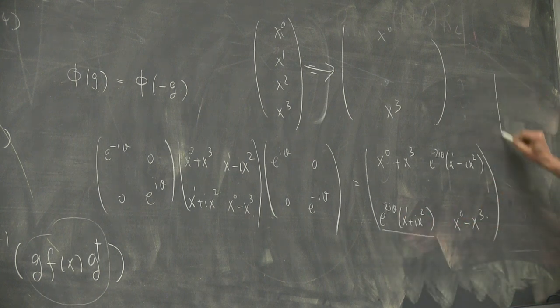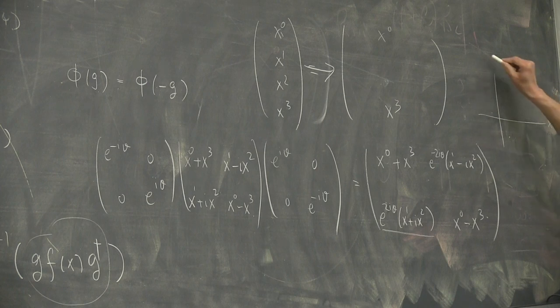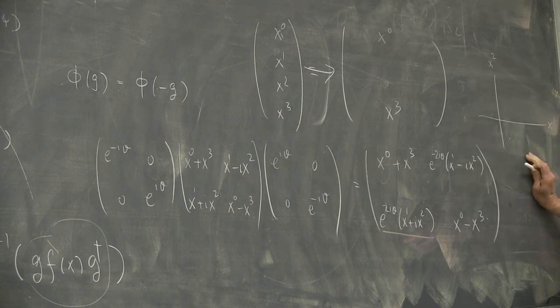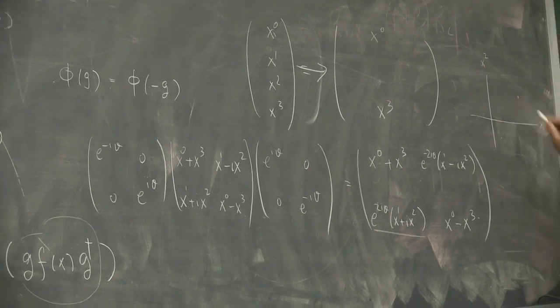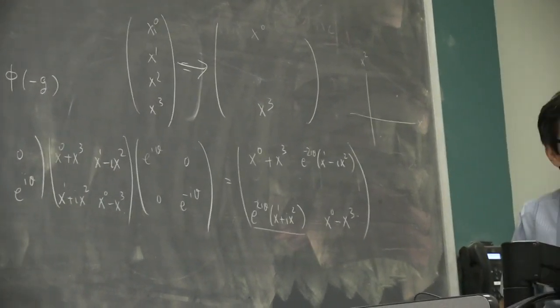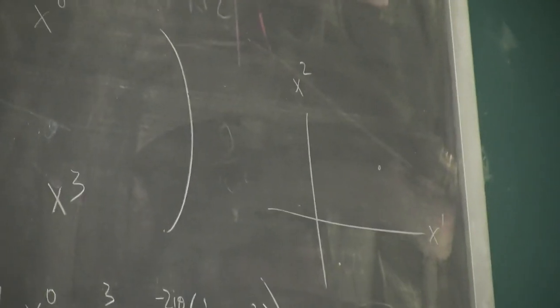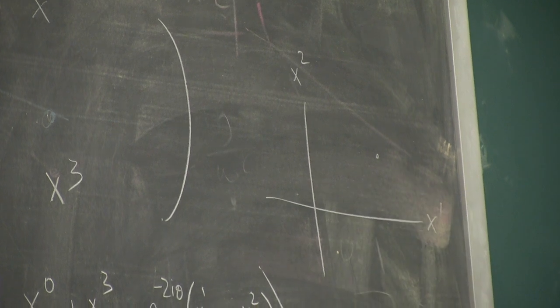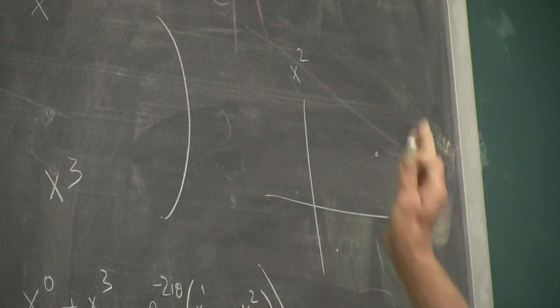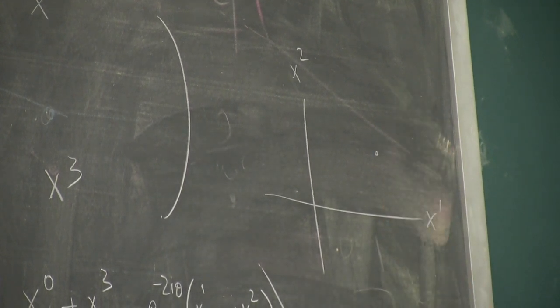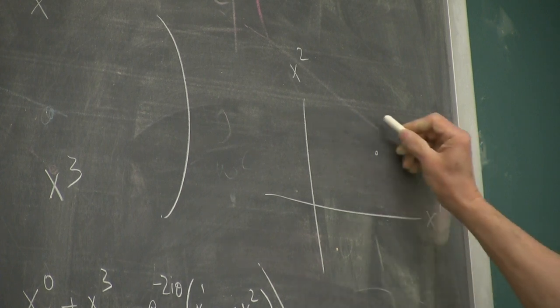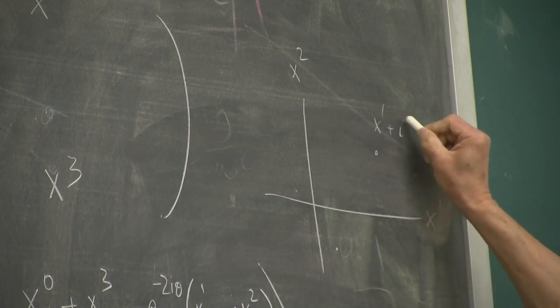If you look at the x1, x2 plane and take a look at a point on that plane, you can express it as the complex number x1 plus i x2, if you think of x2 as the imaginary axis. So this one is x1 plus i x2.